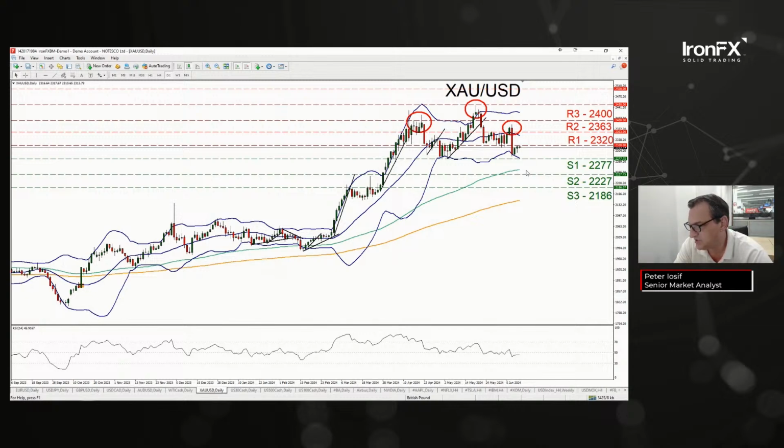At the same time, such a movement downwards would allow us to draw also a downward trend line like this, showing us the limitations of the downward movement. And in any case, for the upward movement to emerge, that would imply that the price action of gold has to breach the 2320, breach the downward trend line, breach also the 2363, and start aiming for the 2400 resistance level, which for the time being is quite extreme.